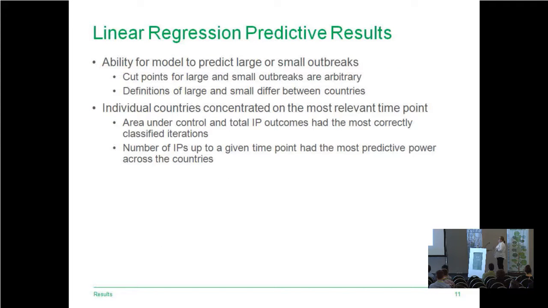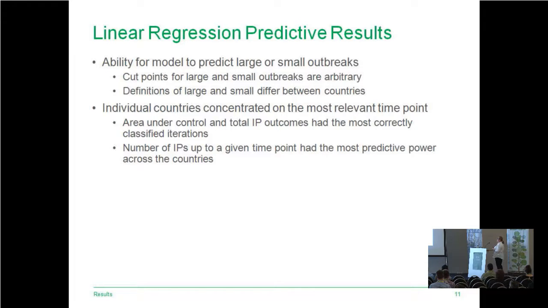And then we went on to use these linear regression models, the final simplified one, to attempt to predict the outcome variables from the early indicators. Now, unfortunately, the cut points are pretty arbitrary because there are quite big differences between countries, as in a small outbreak in the USA, in the UK, would be enormous.